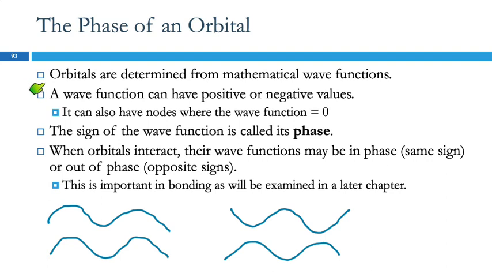Well, the waves that are electrons also have a phase, positive or negative value. And when those orbitals, those waves interact, their wave functions can be in phase or out of phase. And so they can reinforce each other or they can cancel each other out. And we'll get to that later.